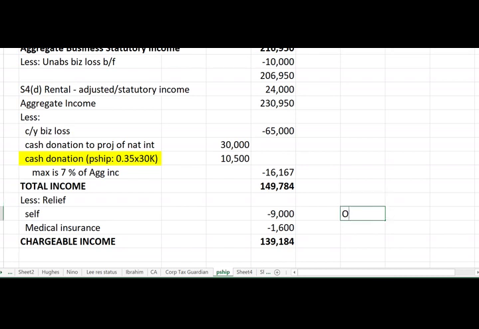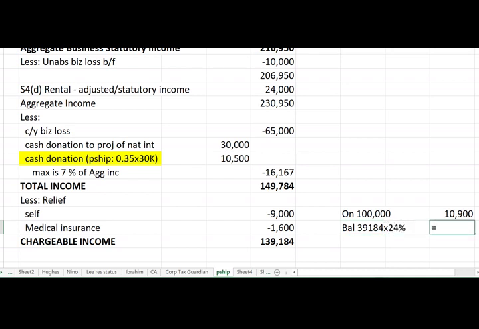Alright, now I'm just showing the tax at the side. On the first 100,000, you're going to pay tax at 10,900, and then the balance 39,184. Your tax will be at 24%.